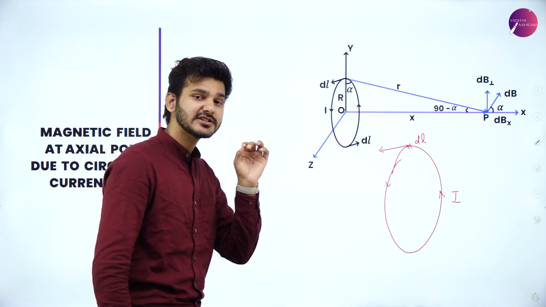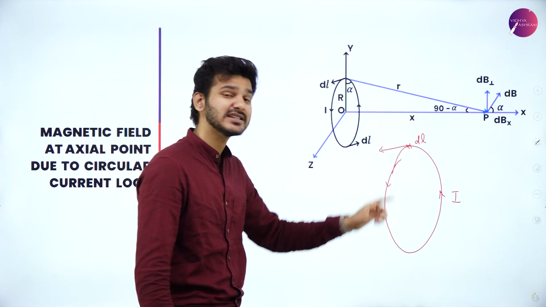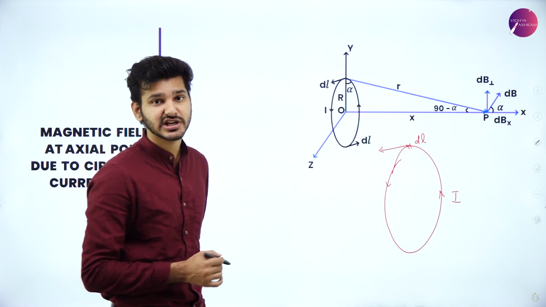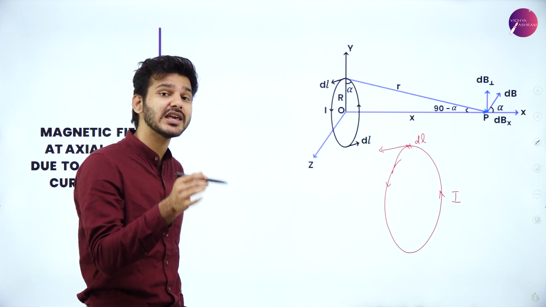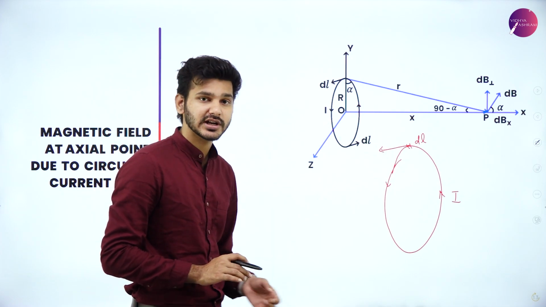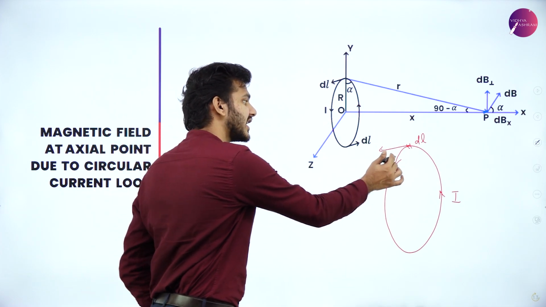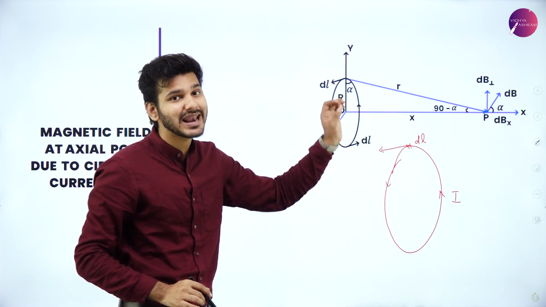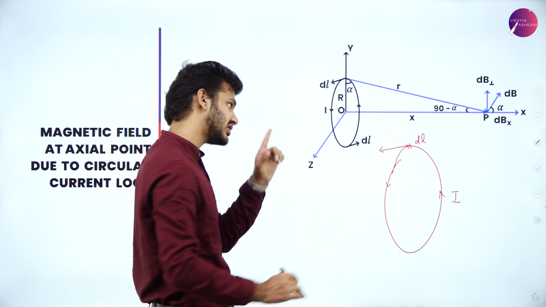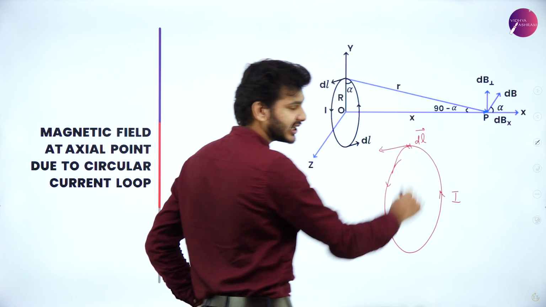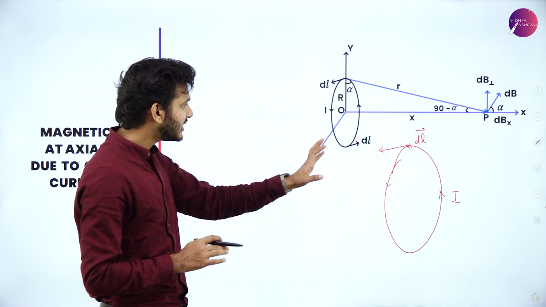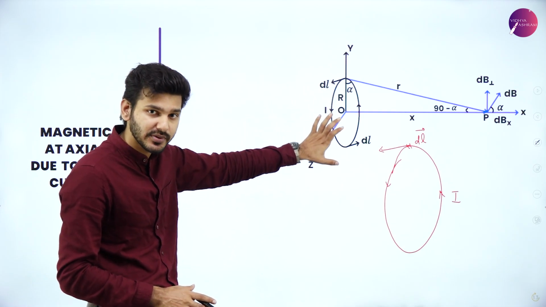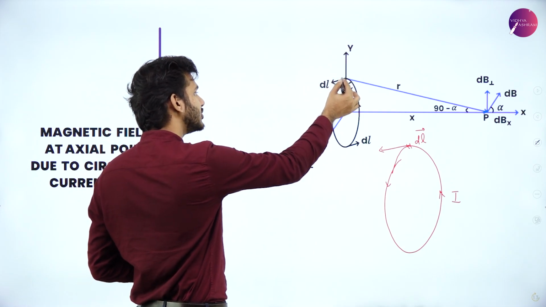If we take the small length element here, which is dl, we can say that it has a particular direction which is given by drawing a tangent in that particular section. And this tangent will give you the direction of this small length element dl, which is a vector quantity. Now, one thing to be noted is that since this is a two-dimensional picture, this is actually drawn like this.